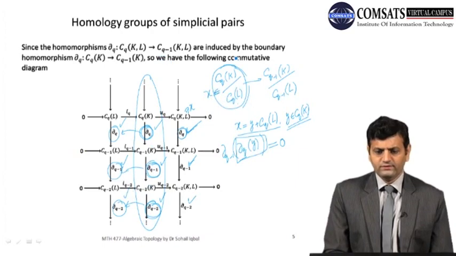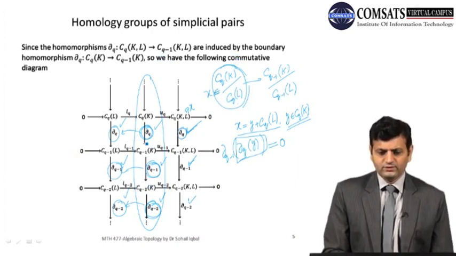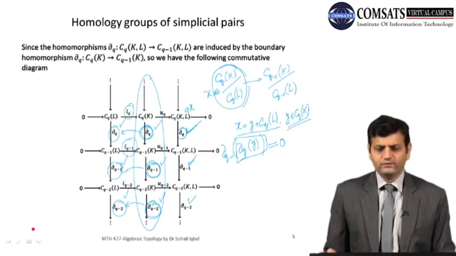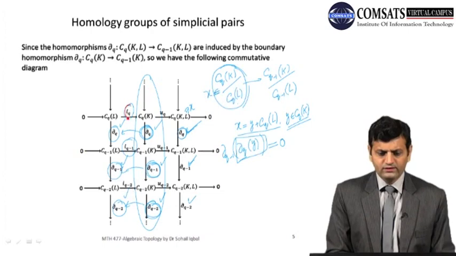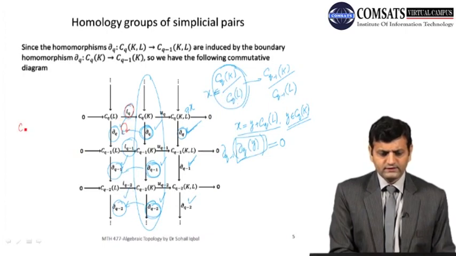Okay, so we have the following commutative diagram. Why is this a commutative diagram? Because the i_q are just inclusion maps, so the diagram is commutative on this part. Once again, C_q(L) is contained inside C_q(K).